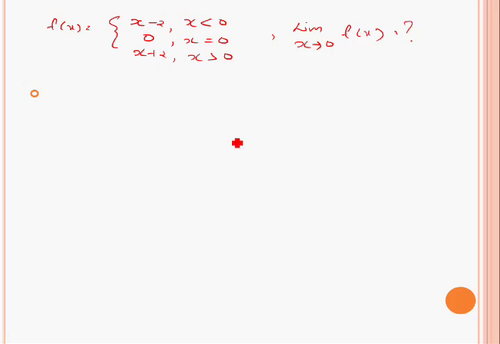Okay, now let's consider the graph for this function. This is the y-axis and this is the x-axis. So this will be f of x and this will be x, and we can plot the graph here.